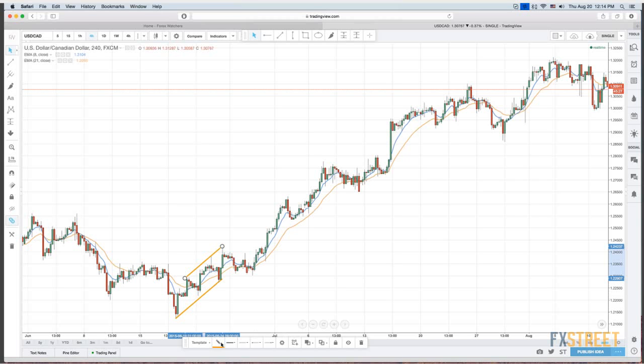We'll make the second one purple. What's the difference between the orange and the purple? Okay, if we put them together, yes, it's a channel. But you see how one only measures support, one only measures resistance?